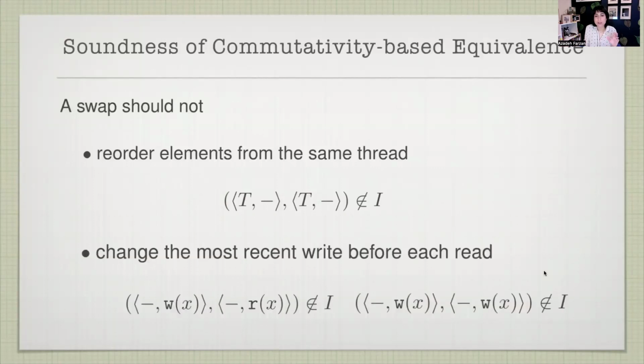The other is that you can never reorder two events accessing the same shared variable where at least one of them is a write, because if you were to make such a swap, you are risking changing the matching write for a read, and as such you're not permitted those swaps either. As long as you stop swaps of this kind, any swaps that you make will preserve the reads-from equivalence. They will preserve the thread order and the matching writes to every read. Therefore, it's a provably sound equivalence relation.